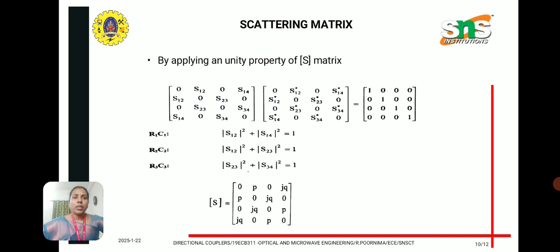By equating R1 C1 to 1, R2 C2 to 1 and R3 C3 to 1, we get three sets of equations. We solve these three equations to obtain S12, S23 and S34, which give the transmission factors, and the result of the S matrix is 0 P 0 JQ and so on.